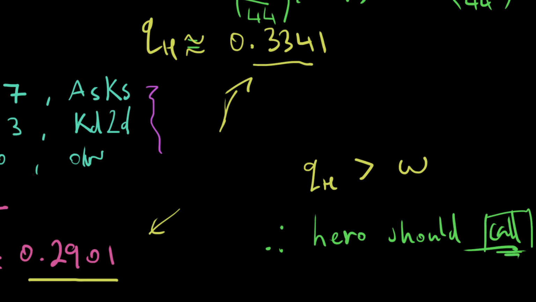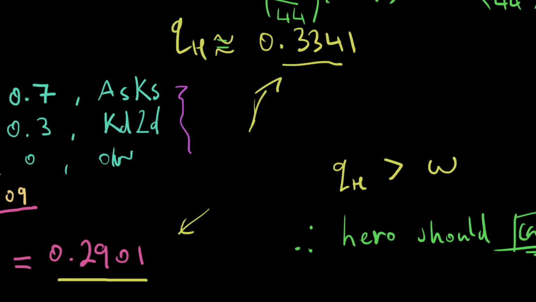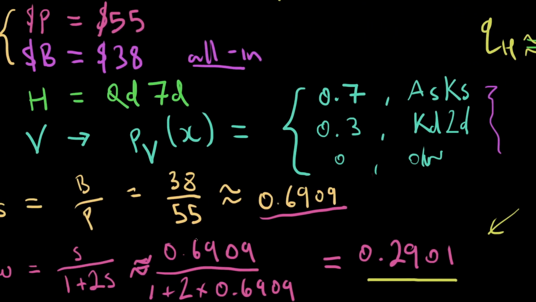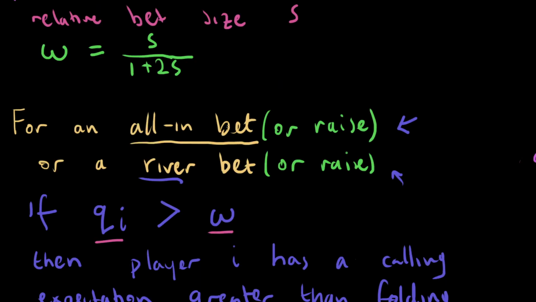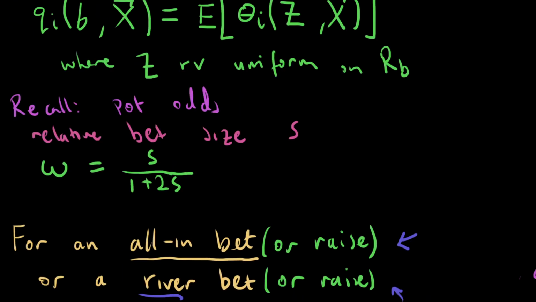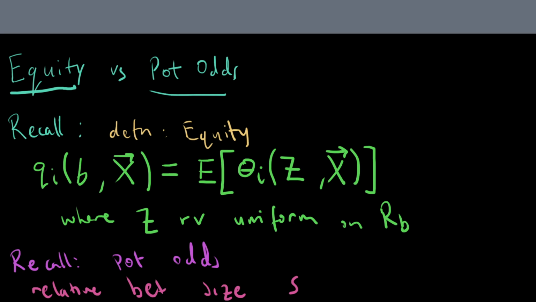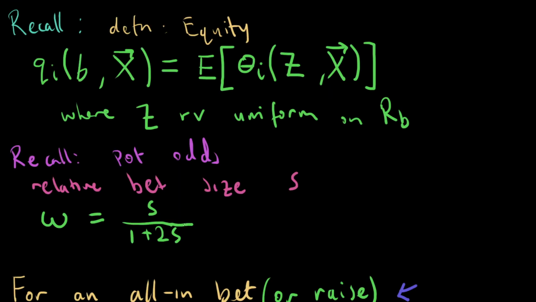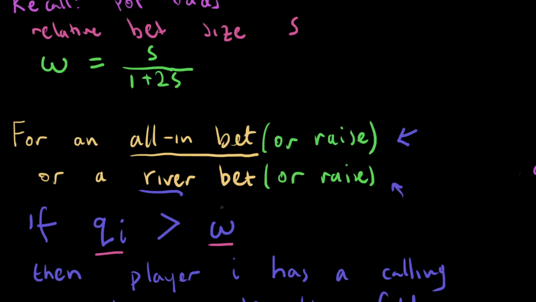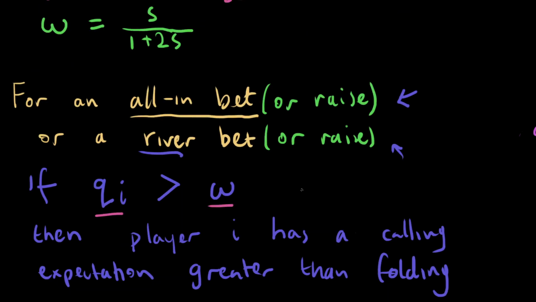All right, so that example is an example of how we can use equity and pot odds to simplify some of our decisions. We first recalled what we meant when we said equity and what we meant when we said pot odds. This particular statement we'll prove later when we look more at expected value.